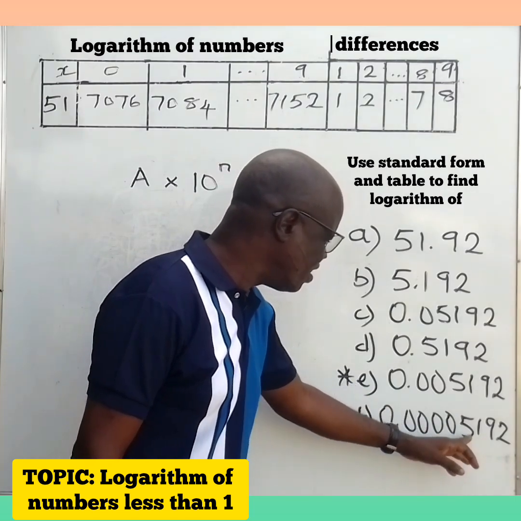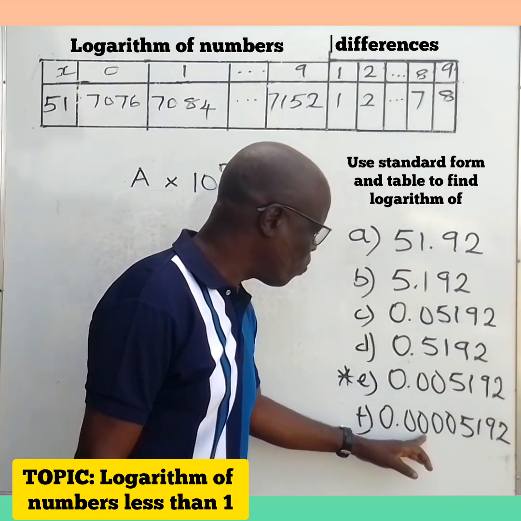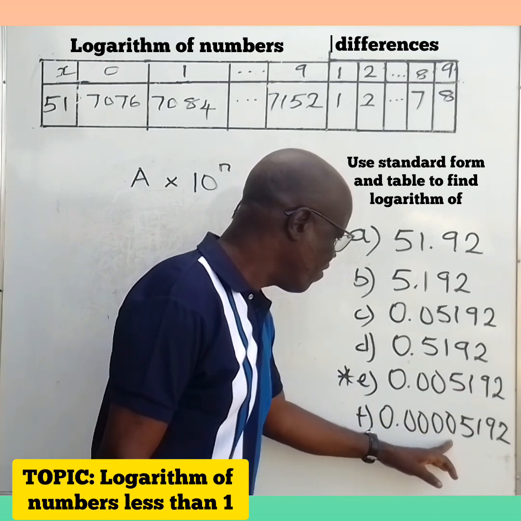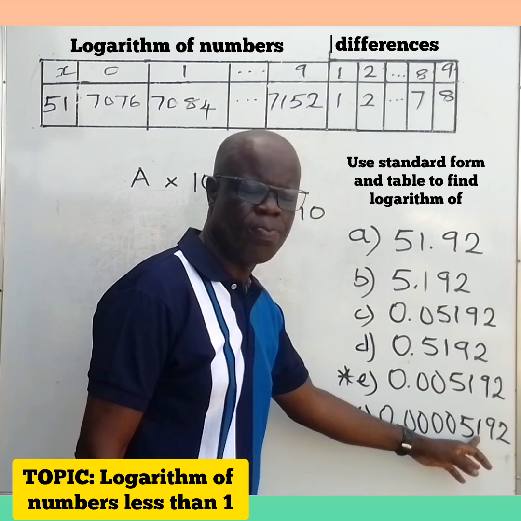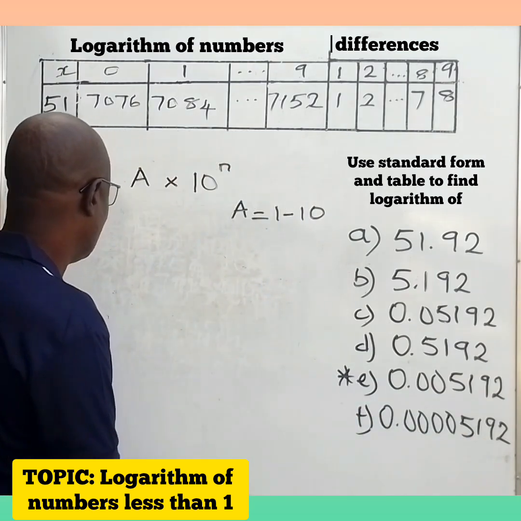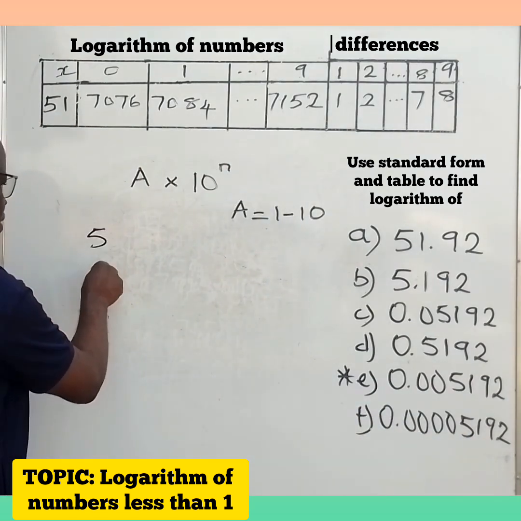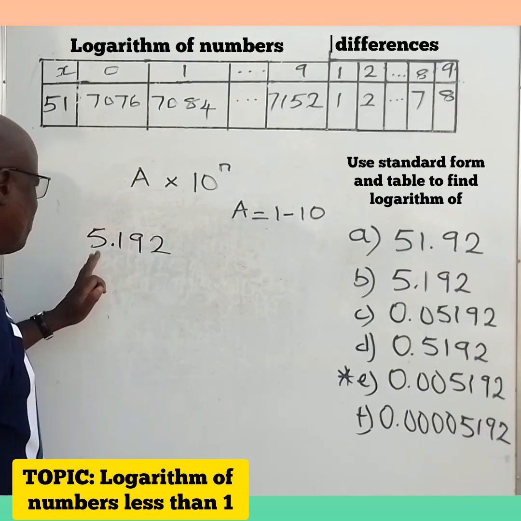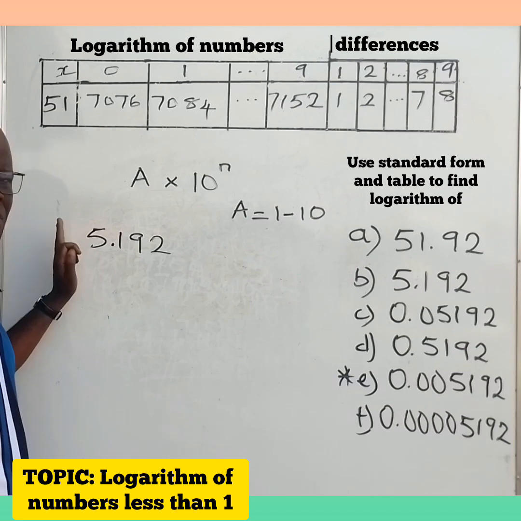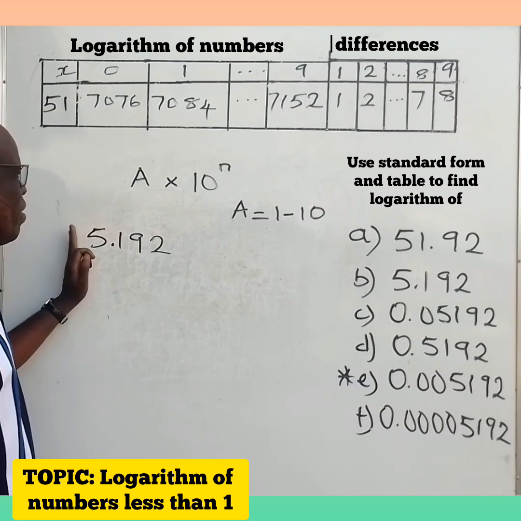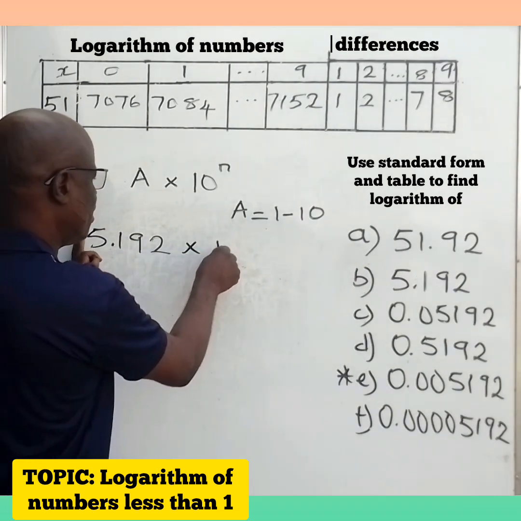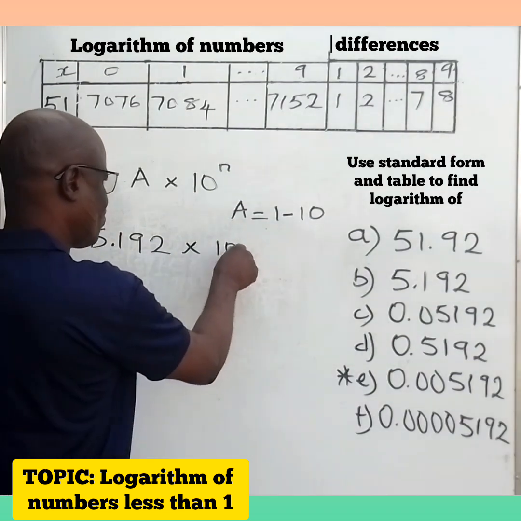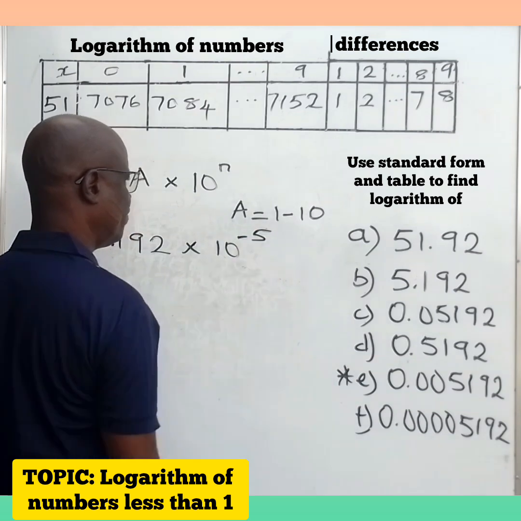And to put our point here, it means you have multiplied by 1, 2, 3, 4, 5, that is 10 raised to the power 5. By writing this one, you have multiplied by 10 raised to the power 5. But to maintain the same number, you have to divide by 10 raised to the power 5. So that's why you have minus 5 here.